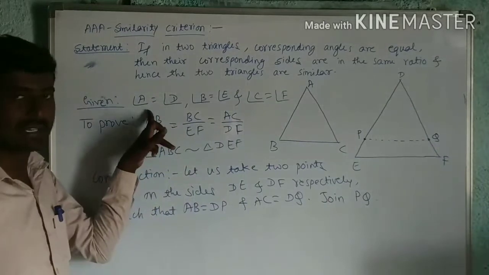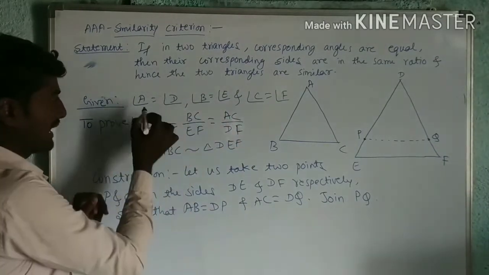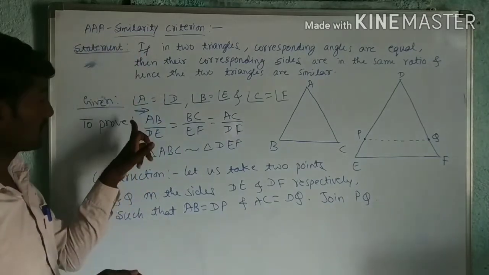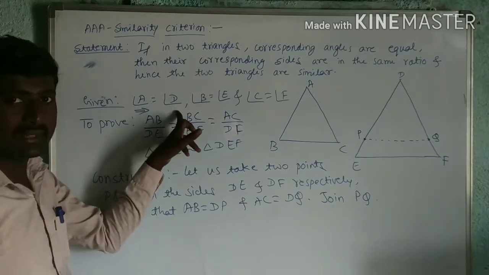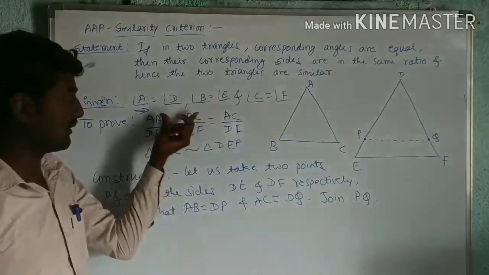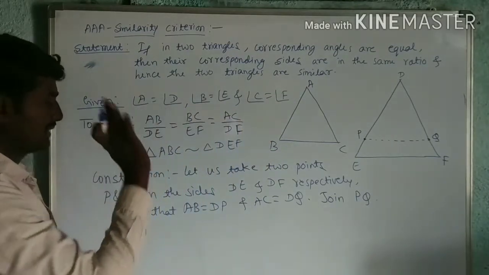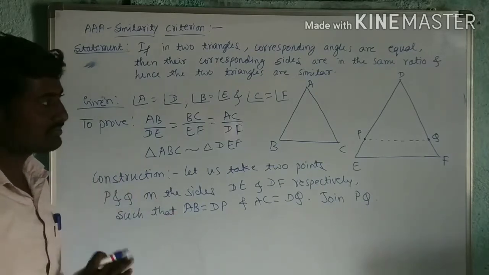Because we have to give the reason: by angle sum property, angle C is equal to angle F. You can add one statement here, only that is for AA. Remove this and you can write here. This is all about given, prove, then construction.